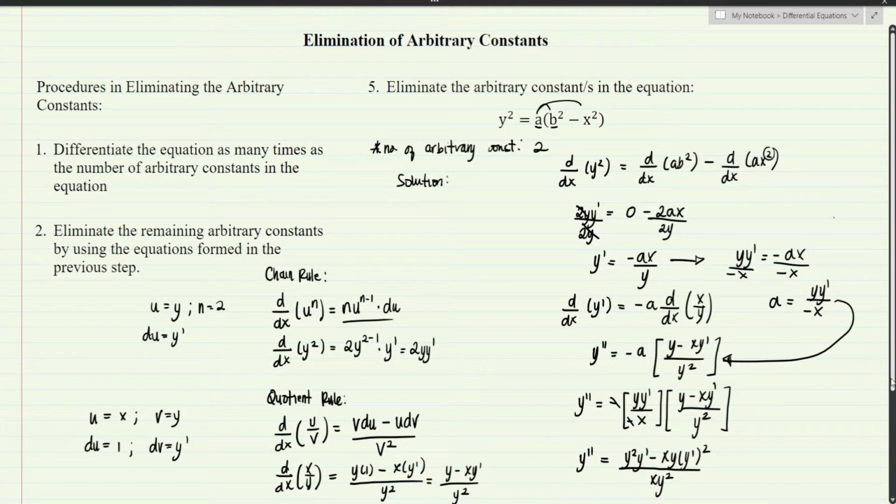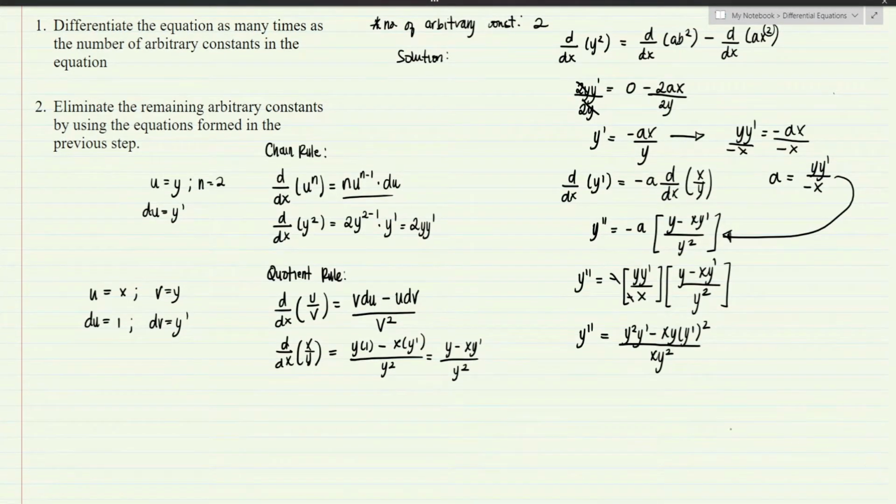So the next step here is to cross multiply xy squared, so that I won't have a denominator. So I would have here xy squared y double prime on the left side, then equals y squared y prime minus xy y prime squared.